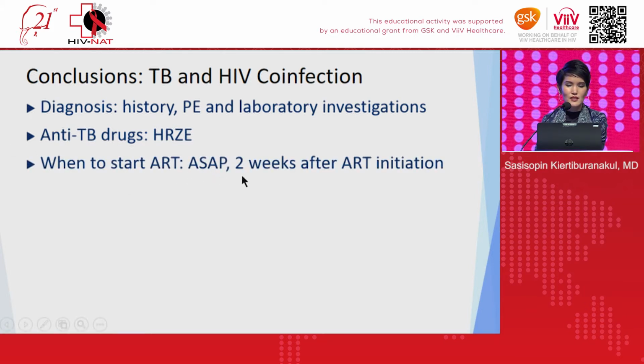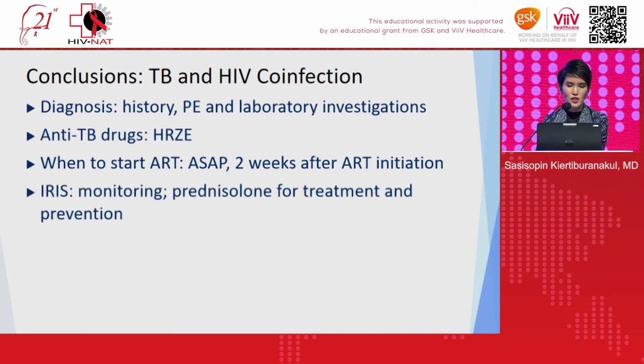When to start ART, all the guidelines here say that we should start as soon as possible and within 2 weeks after TB treatment initiation, especially when the patient has CD4 less than 50. For the IRIS issue, we need monitoring, and prednisolone is still the standard treatment if you want to treat a patient who has IRIS.